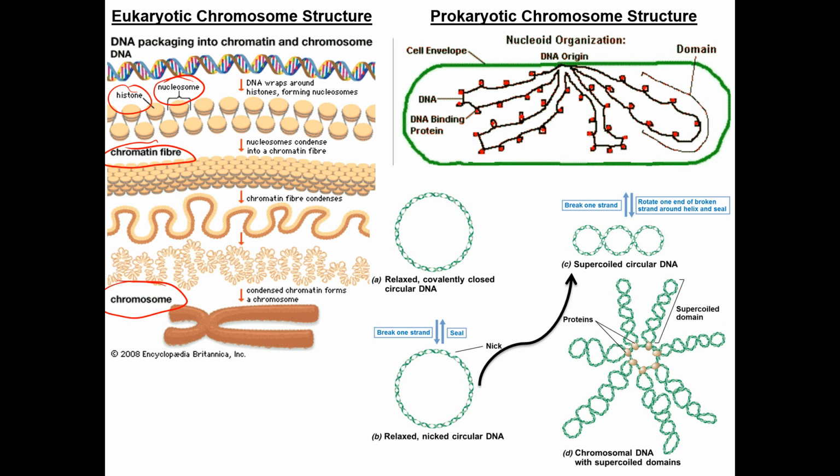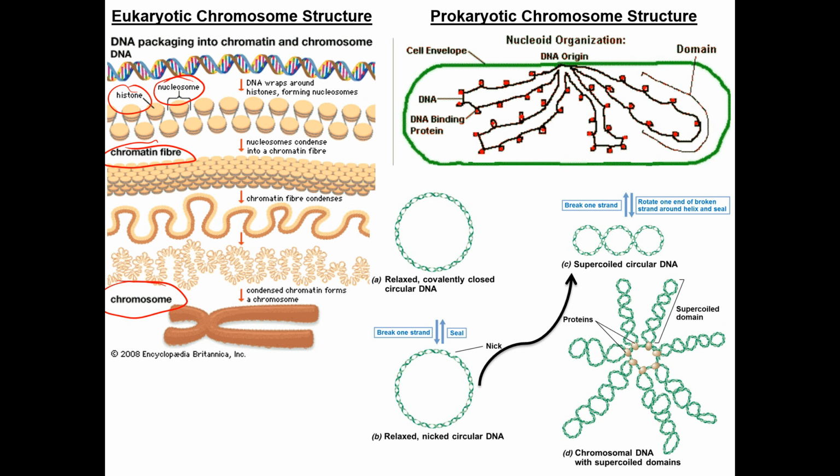So it can be in a condensed or relaxed state. Now, when you're talking about a bacterial chromosome, bacterial chromosomes are not linear, at least most of them are not. They are circular chromosomes. And you usually only have one nuclear chromosome in a bacterial cell.